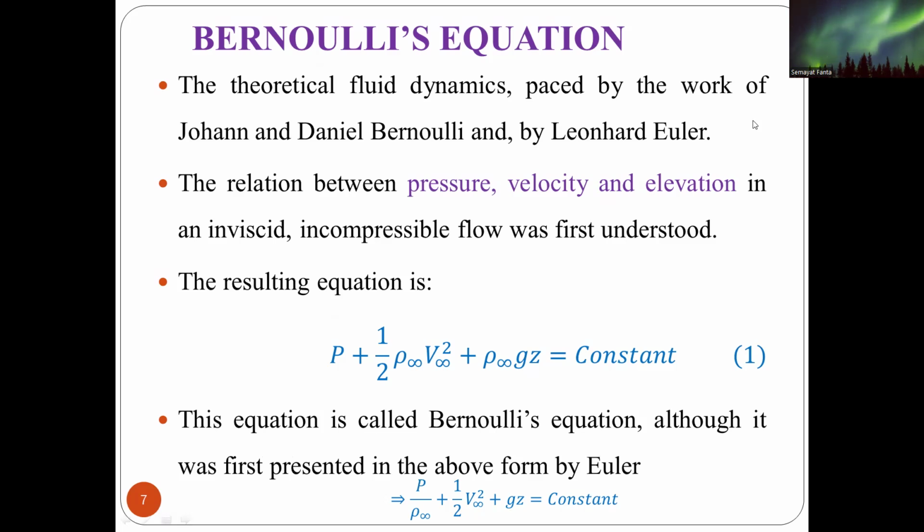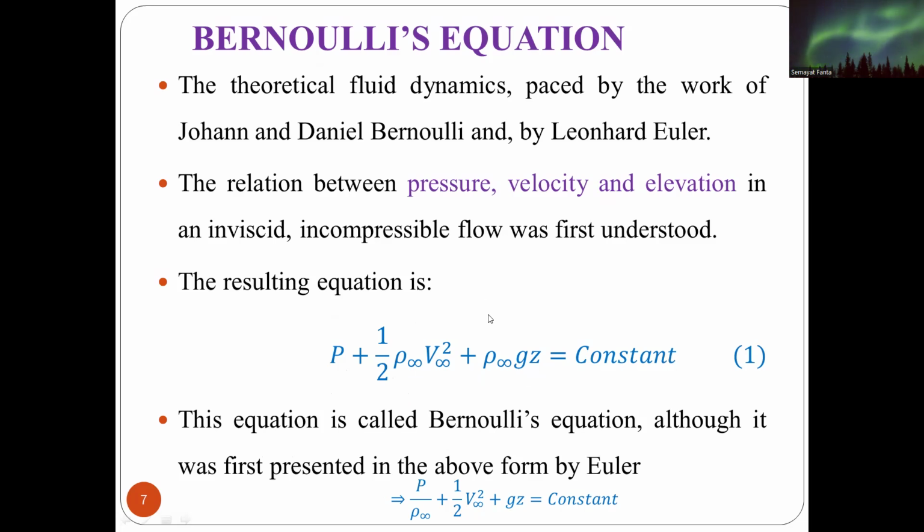And we consider the height as the same. Therefore, actually here we have the pressure term, this is the static pressure, this is the dynamic pressure, and this is the potential energy. So potential energy, pressure energy, and kinetic energy are considered constant.